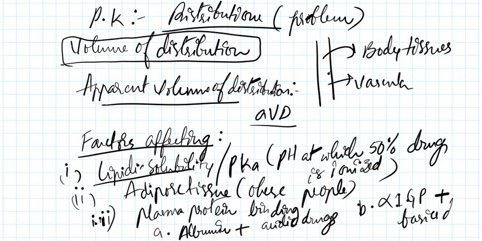Guys, previously we discussed this topic, no? So remember, the volume of distribution also depends on plasma protein binding. In plasma protein binding, remember two things: albumin, which is one of the plasma proteins, binds mostly to acidic drugs, and alpha 1 acid glycoprotein binds mostly to basic drugs.